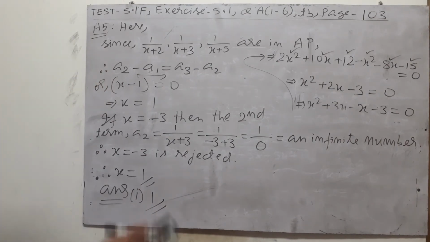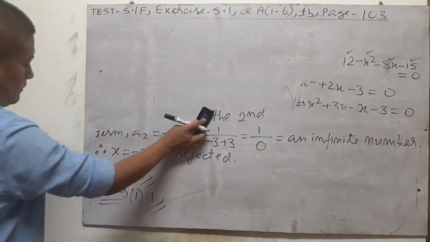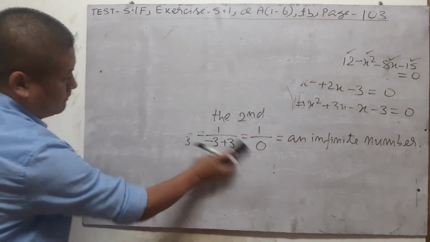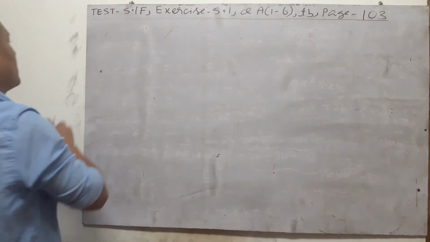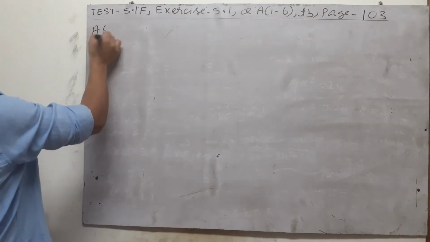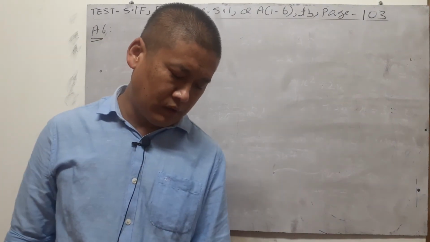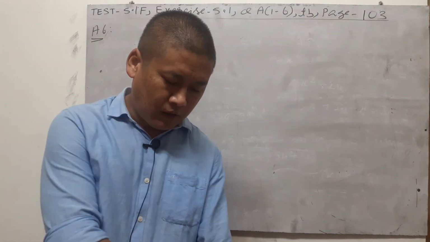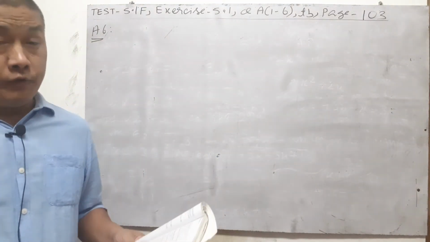Okay, and then here A6, the last one. I'm going to read the question, similar to A5, I think. If k, 2k minus 1 and 2k plus 1 are 3 consecutive terms of an AP, the value of k we have to find.